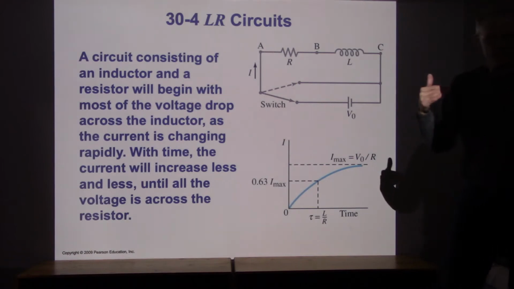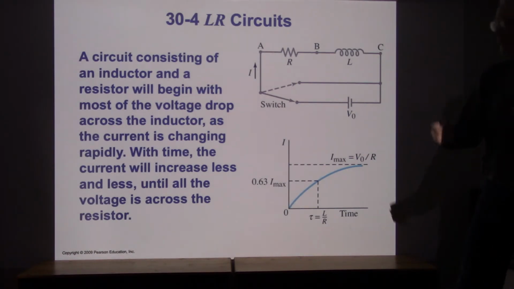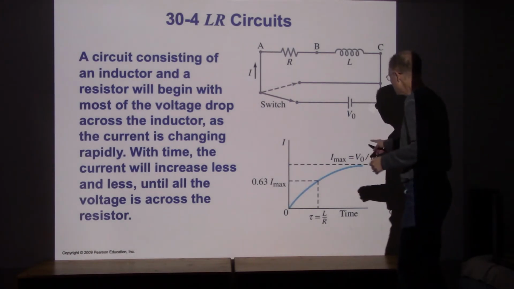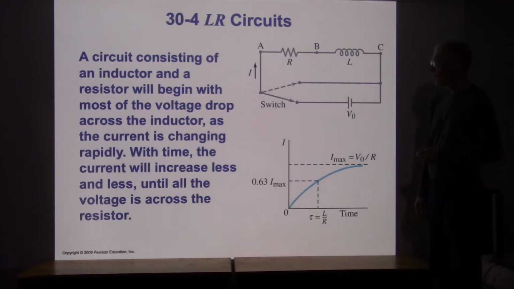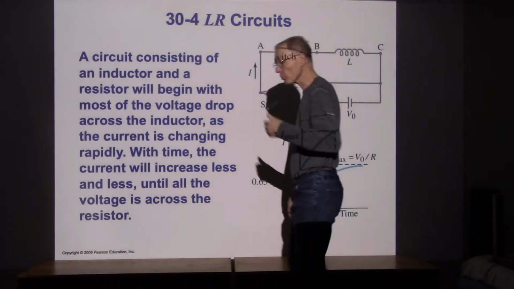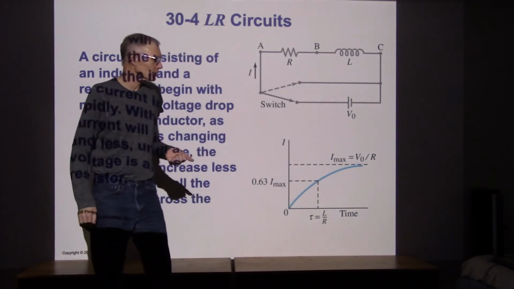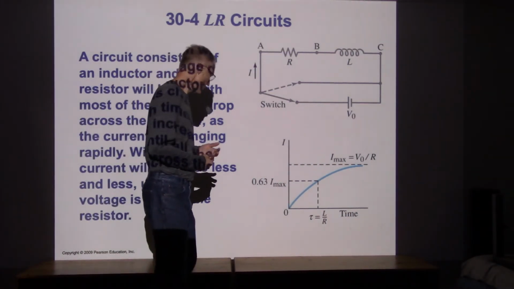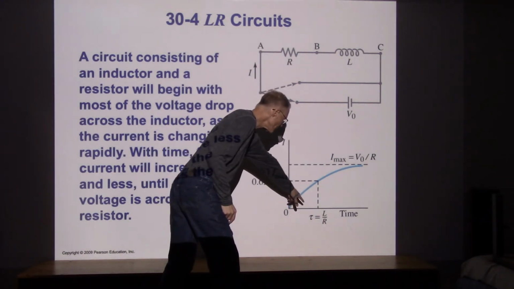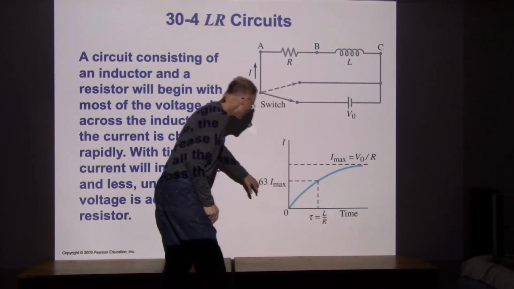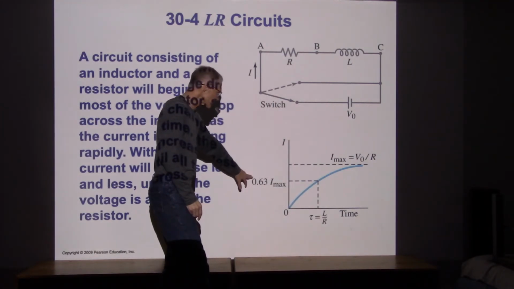The asymptotic value for the current, eventually, is still V0 over R, but it's going to take some time. Since this is an exponential function, once one time constant has gone by, we're going to be at 63% of the maximum value.